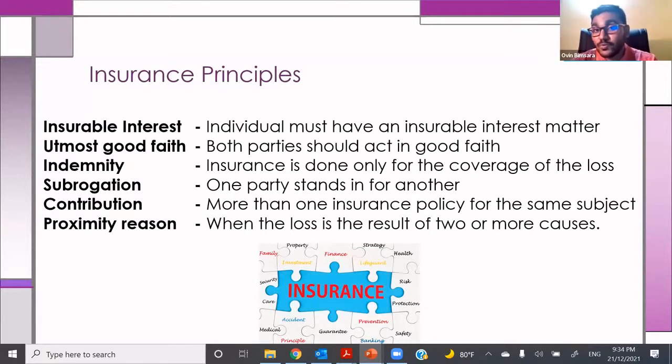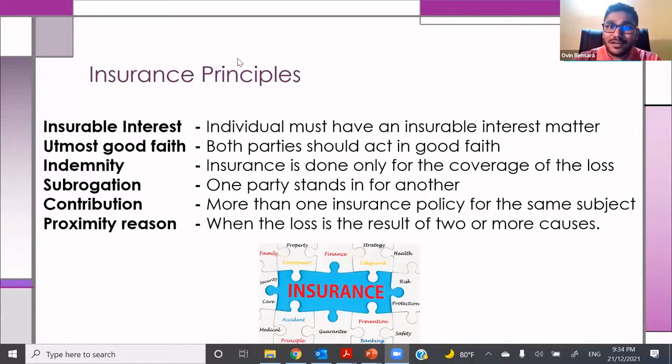So whoever is getting involved in the insurance matter needs to be compensated as per the loss they have experienced. Then contribution. More than one insurance policy for the same subject.